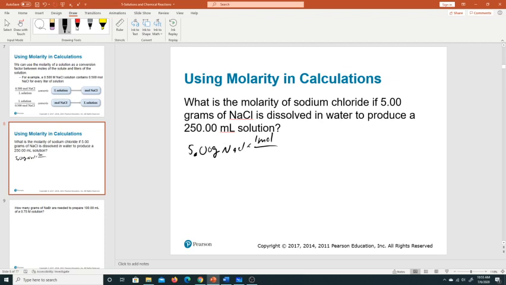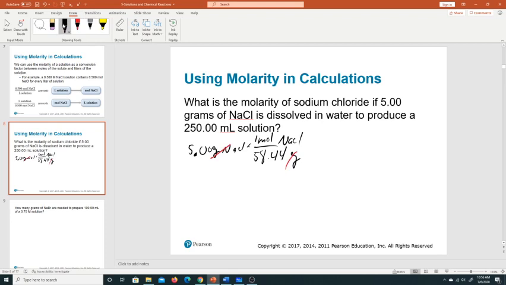So 1 mole of NaCl. Now we have to find the molecular weight of this. Sodium is 22.99, so 22.99 plus 35.45, the atomic weight for chlorine, you get 58.44 grams. Now notice grams of sodium chloride cancel out, leaving us with moles of sodium chloride.